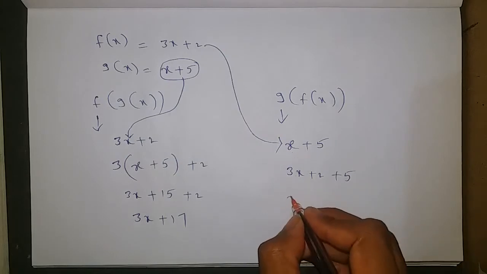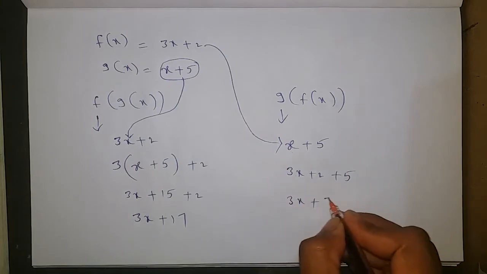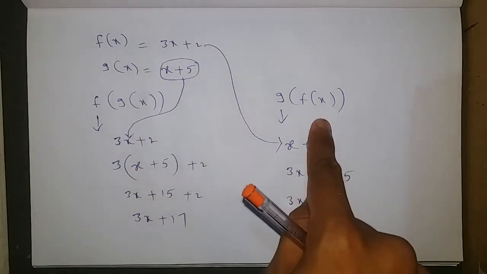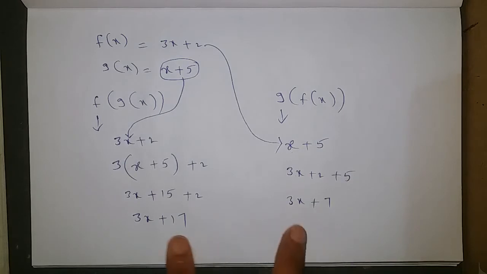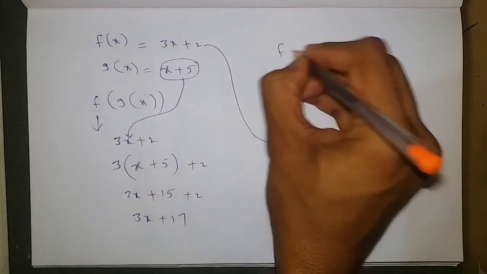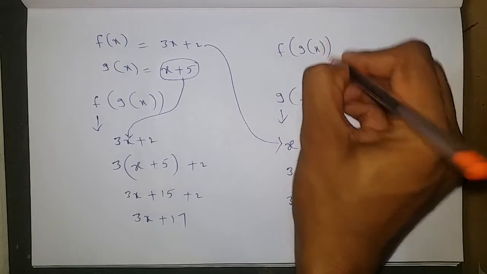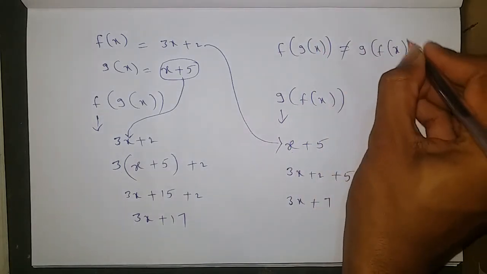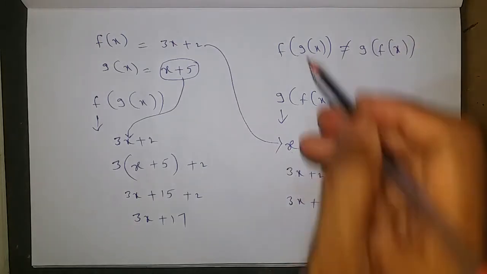So we will get 3x plus 2 plus 5 is 7. So f of g of x value is 3x plus 17 and g of f of x is 3x plus 7. If we compare these two, we can confirm that these two are completely different. So we can conclude f of g of x not equal to g of f of x.